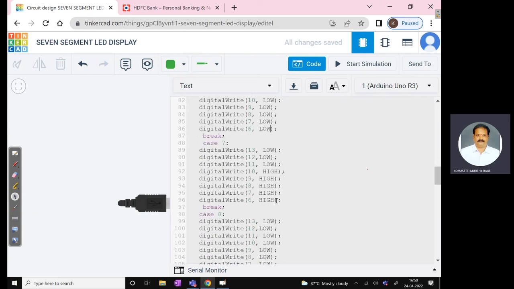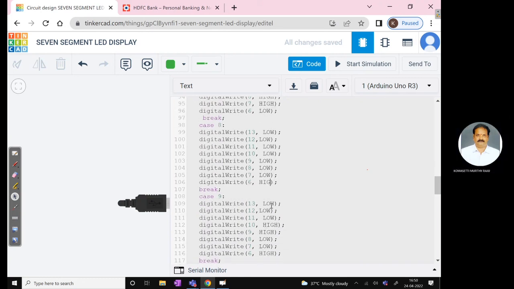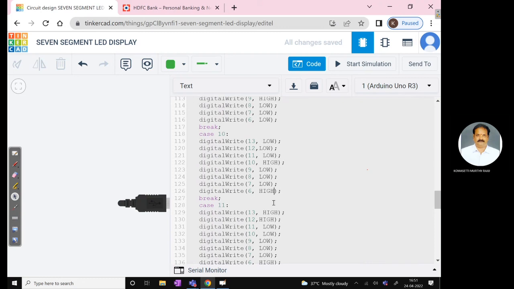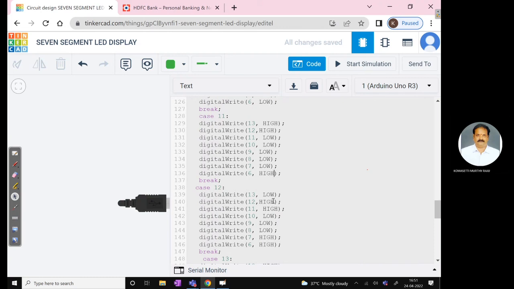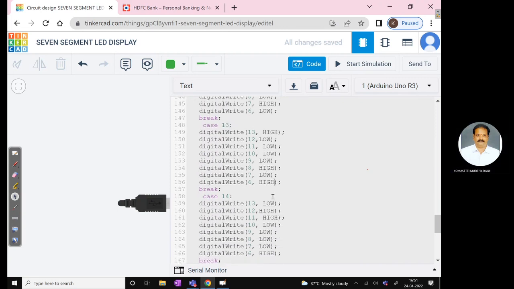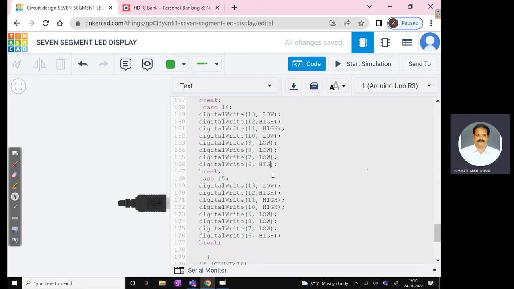The DP point is connected to the 6th pin of the Arduino. This one is low, connected to low here.